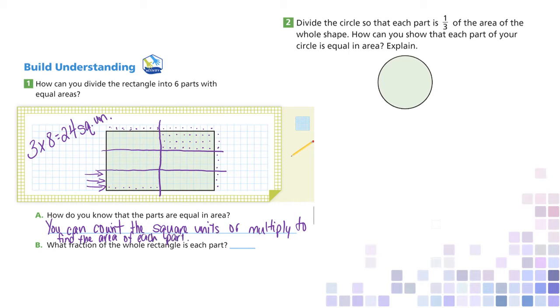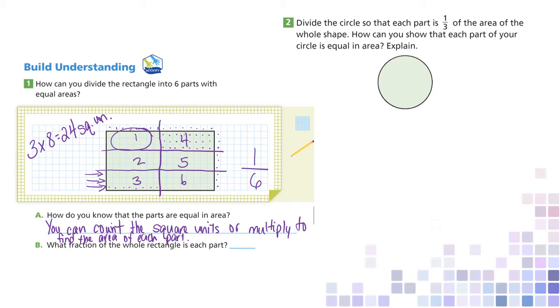Okay. And B, what fraction of the whole rectangle is each part? Well, I know that my denominator is the total amount of equal parts to make the rectangle, and I have 1, 2, 3, 4, 5, 6 equal parts. And if I'm asking the fraction of the whole rectangle is each part, then I'm talking about just one of those parts.